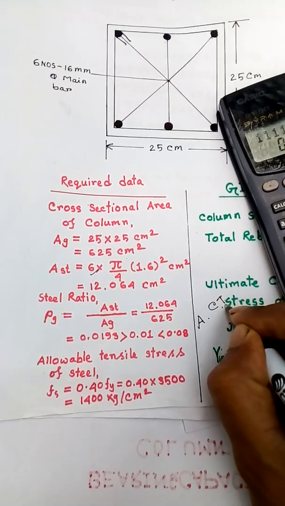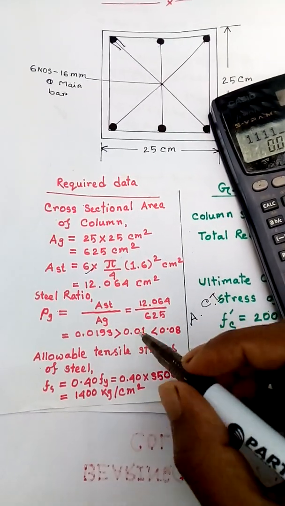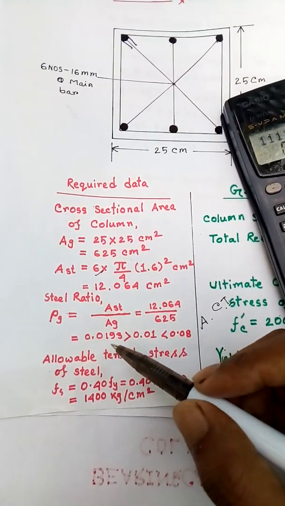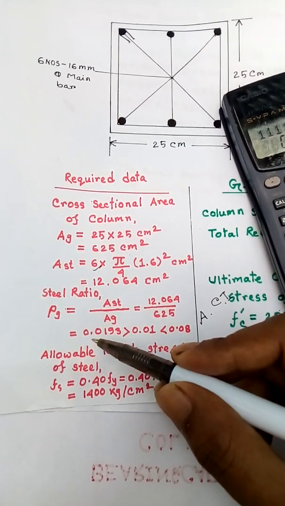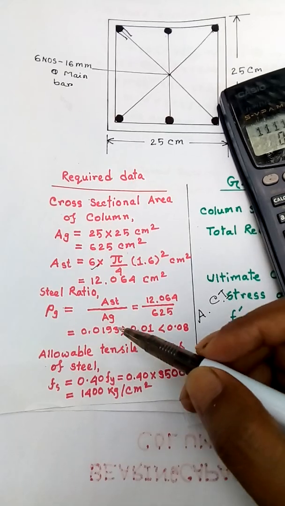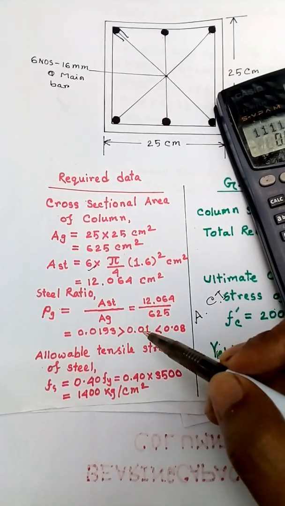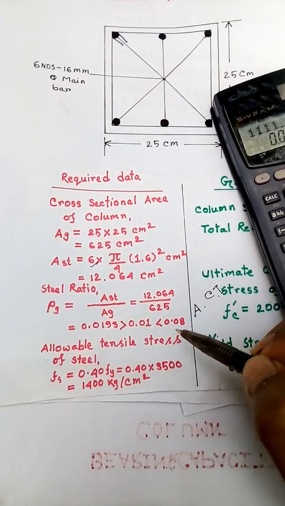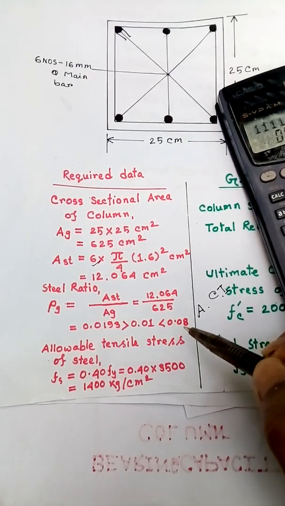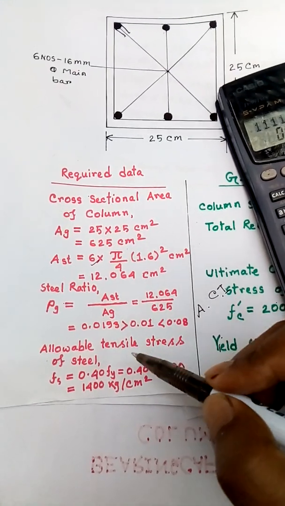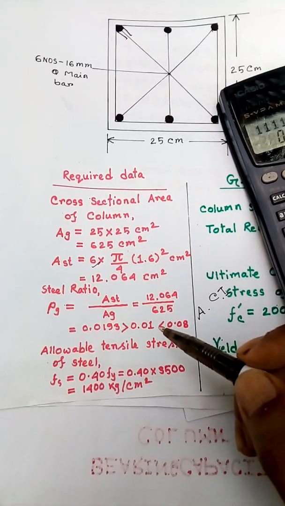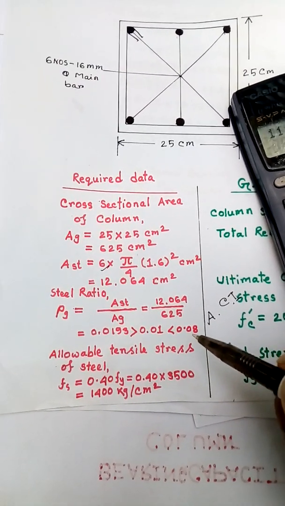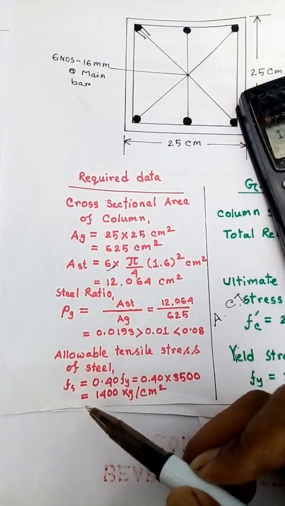In this column the steel ratio is 0.0193, which is greater than 0.01 and smaller than 0.08. That means the steel ratio is greater than 1% and smaller than 8%.